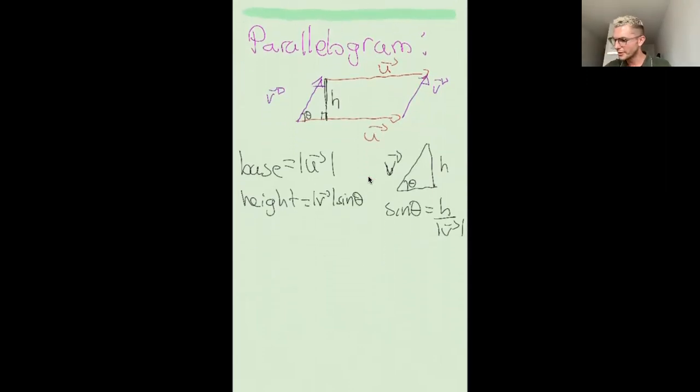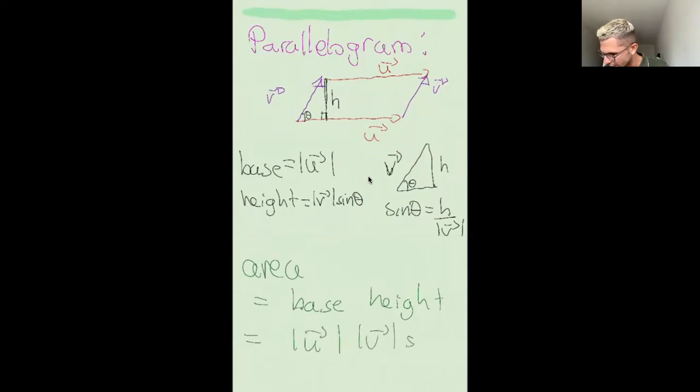And so what's the area here? It's base times height. And that's the size of U times the size of V times sine of theta. Is that okay?